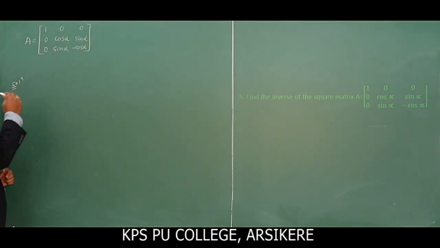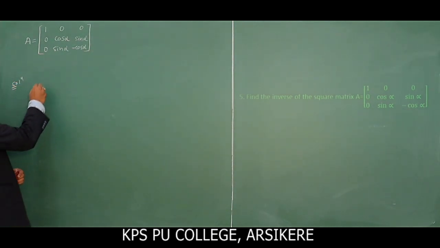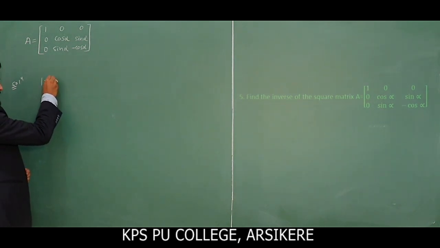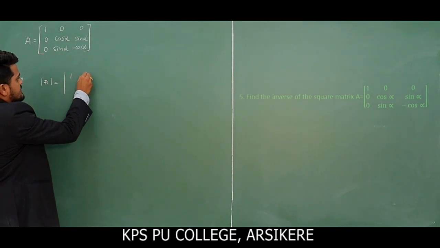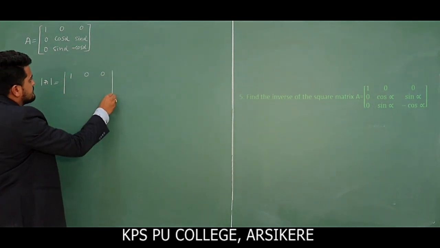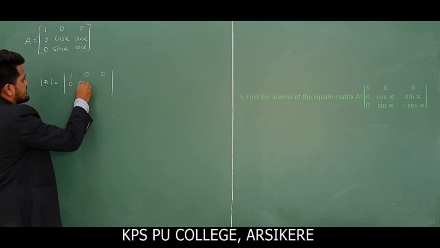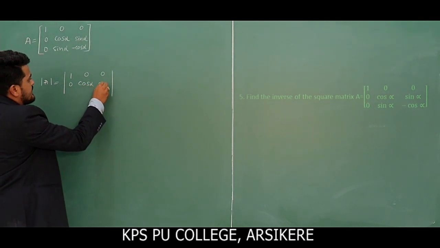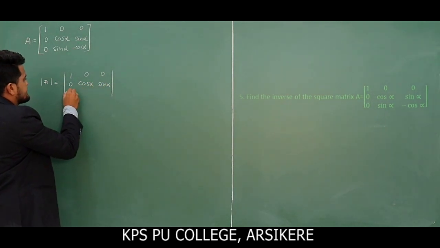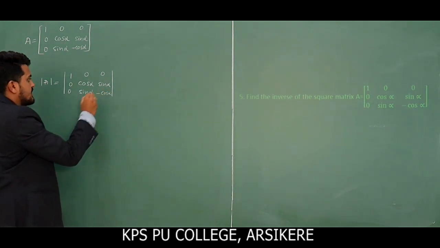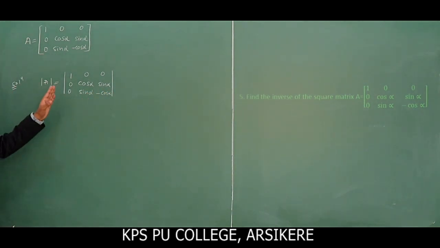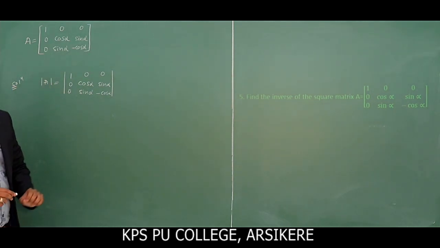Solution: they have already given matrix A. First we have to find the determinant of A. So determinant of A is equal to 1 0 0, 0 cos alpha sin alpha, 0 sin alpha minus cos alpha. You already know how to find the value of a determinant in the case of a 3 cross 3 matrix, right?